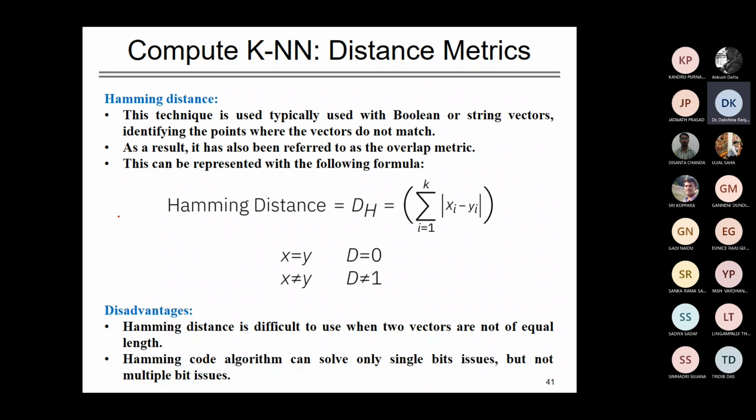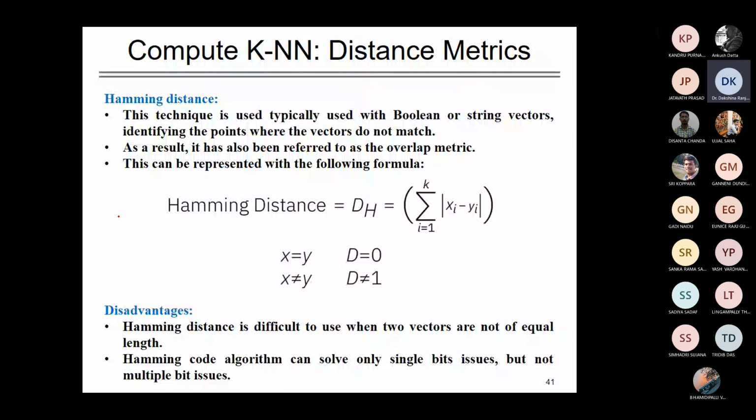The next distance matrix is the Hamming distance. So in this distance matrix, we use the Boolean or string vectors, and here we try to identify the points where the vectors do not match.